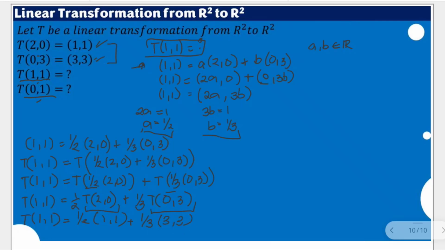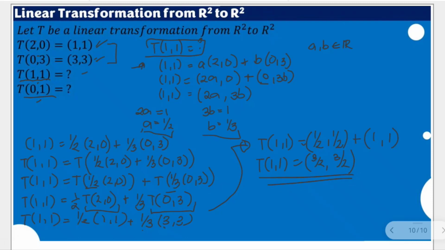So the final result now, the linear transformation of (1, 1), is multiplying that scalar. You have (1/2, 1/2) plus (1, 1), right? 1/3 times 3 is 1 and 1. So you have the linear transformation of (1, 1) is equal to 1/2 plus 1 is (3/2, 3/2). This is the result for the first unknown, okay?